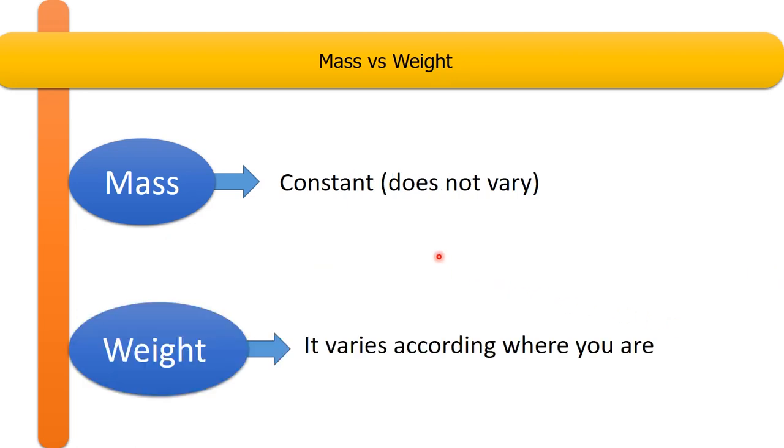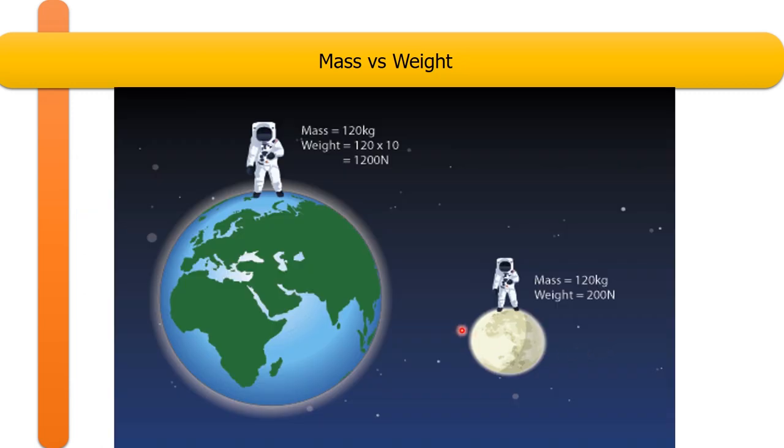To clarify the difference between mass and weight, we should know that the mass is constant, it doesn't vary, whereas the weight varies according to where you are. For example, if you are on the earth and your mass is 120 kilogram, your weight is 120 kilogram times 10.